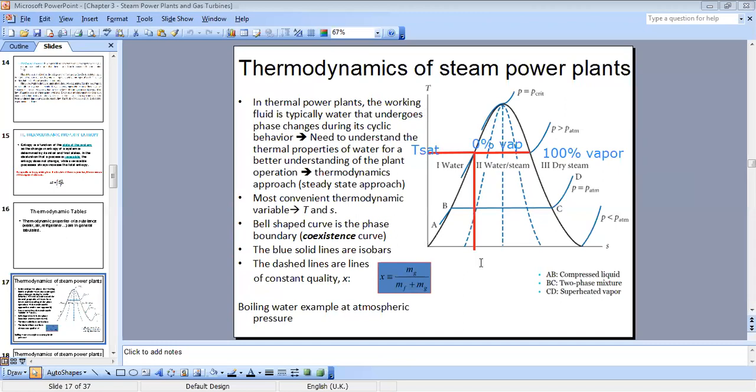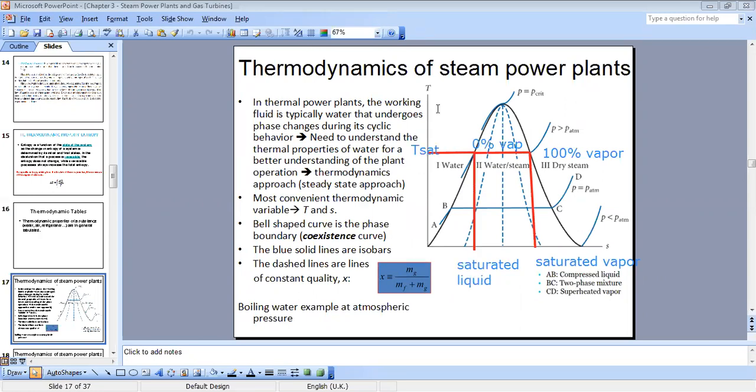So this point corresponds to saturated liquid, and the point here is for saturated vapor. Okay? Now we will see all of these again in the steam tables. So you should be familiar with this terminology.